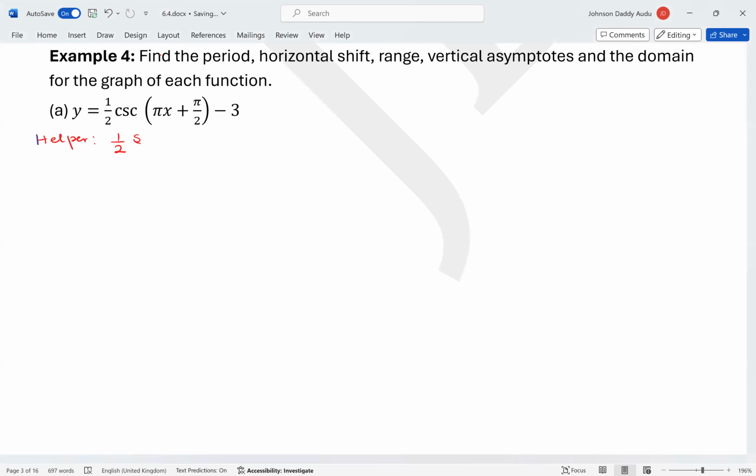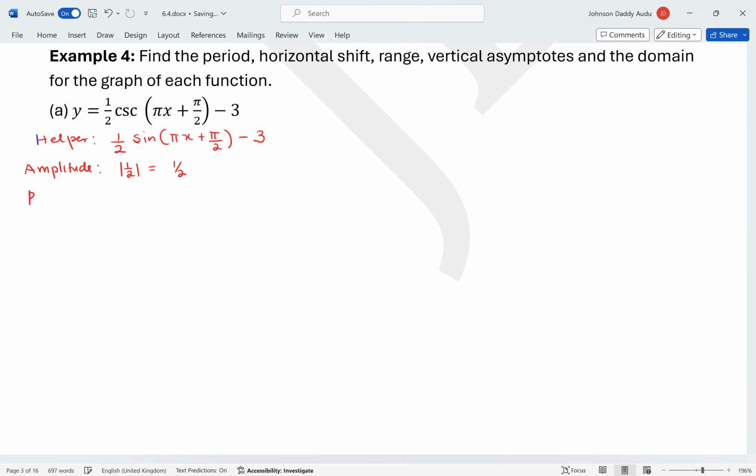Since this is cosec, it means we have to go forward: cosine pi x plus pi over 2, then minus 3. So here we get our parameters. The amplitude is going to be minus half.